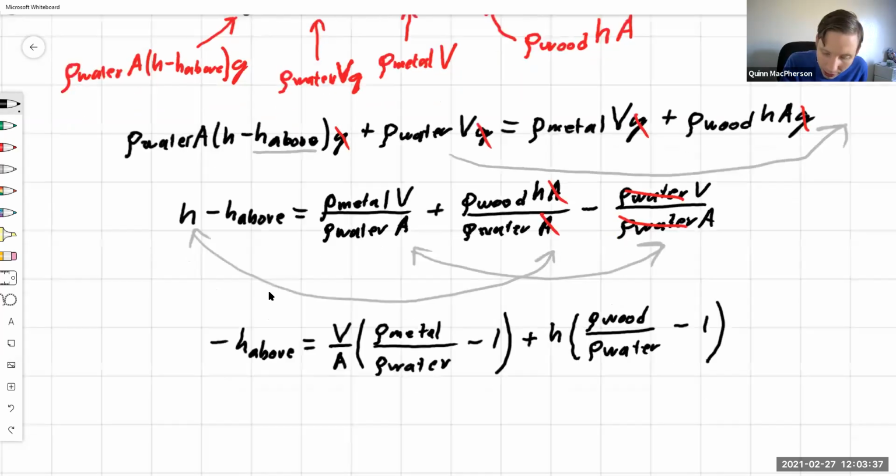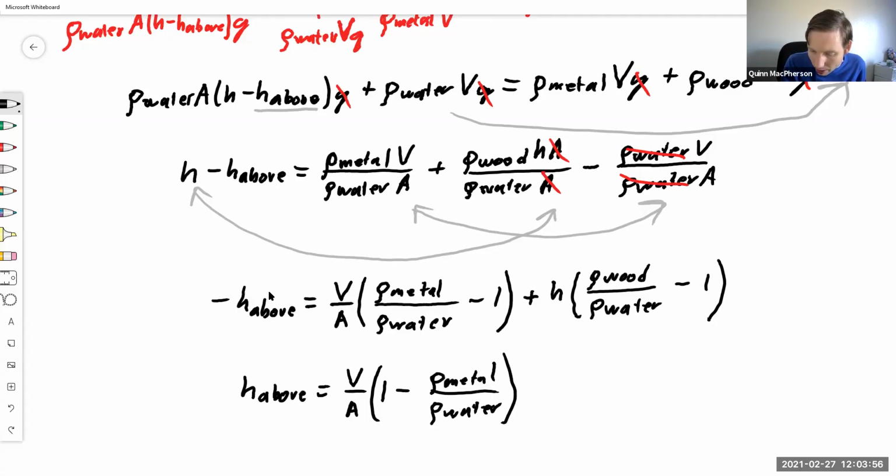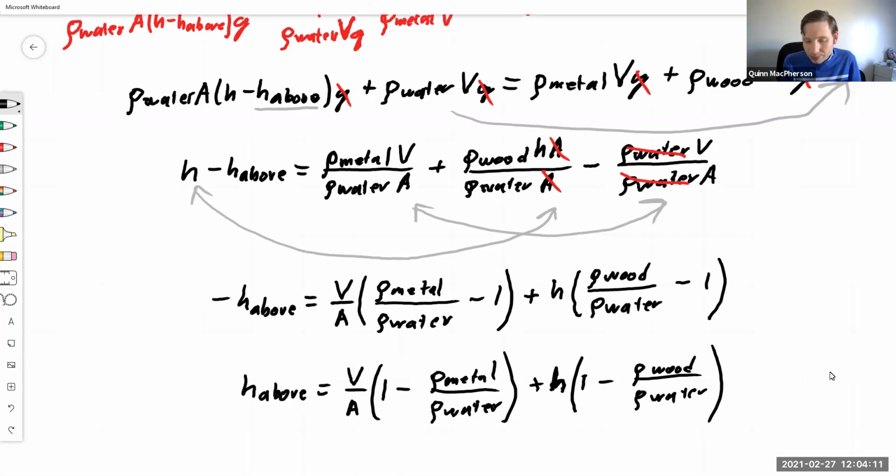Okay, and then finally, h above is equal to V over A. I'm just going to switch these so I get a net negative sign. Rho metal over rho water, plus H times 1 minus rho wood over rho water. Okay, and that is the answer.